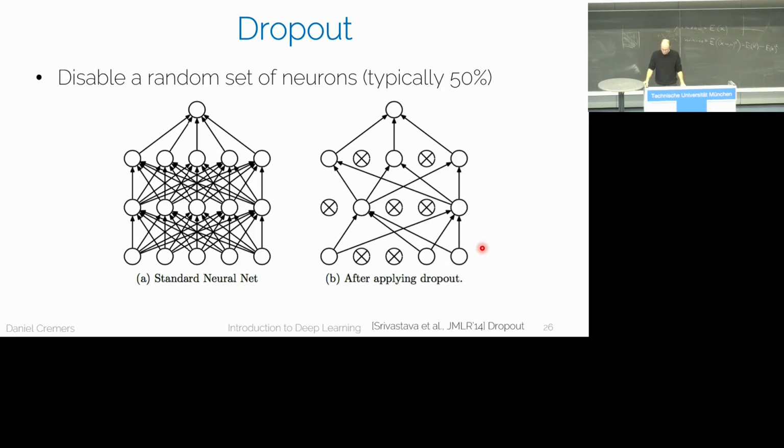But the key idea, and this is the beautiful idea of this dropout strategy, is to disable these neurons not on a permanent level, but only for a given set of update steps. So I train the neural network in backprop learning, and all the time I randomly kill a certain subset of neurons that are no longer allowed to contribute.